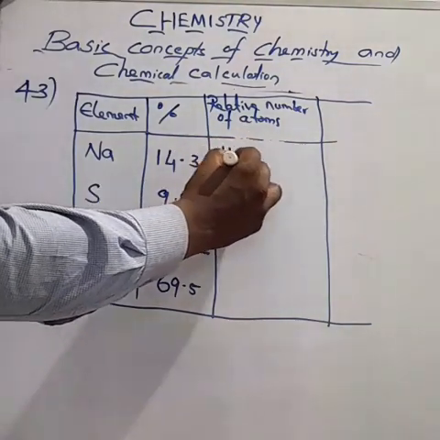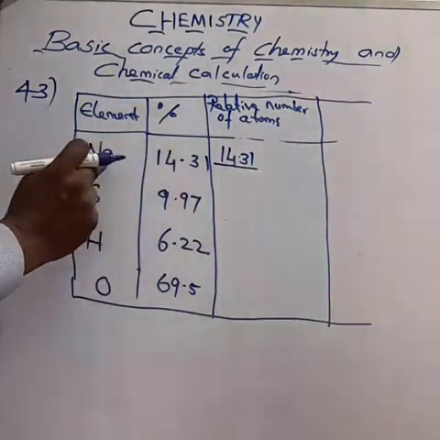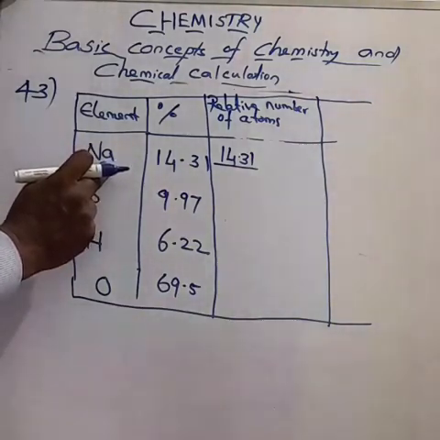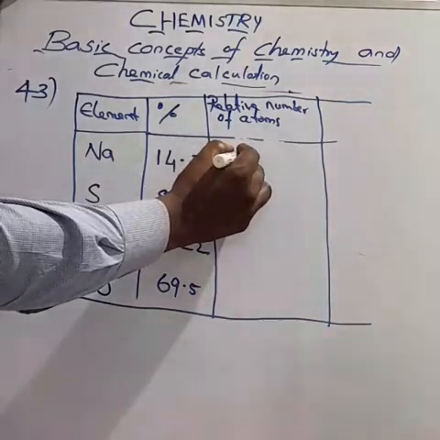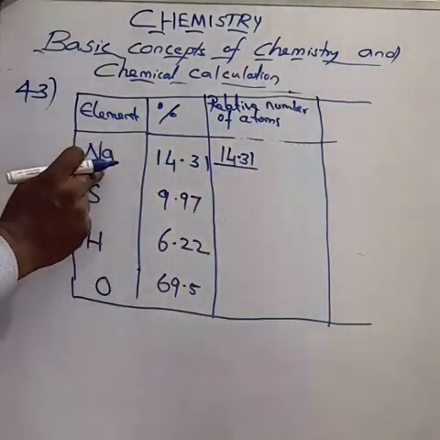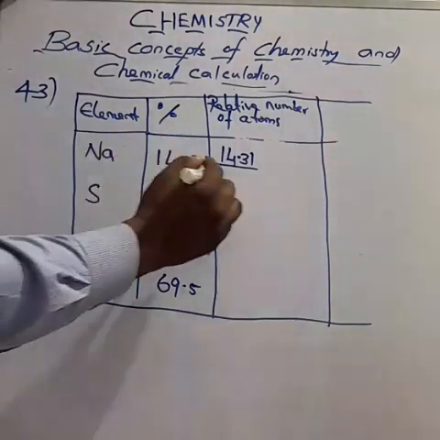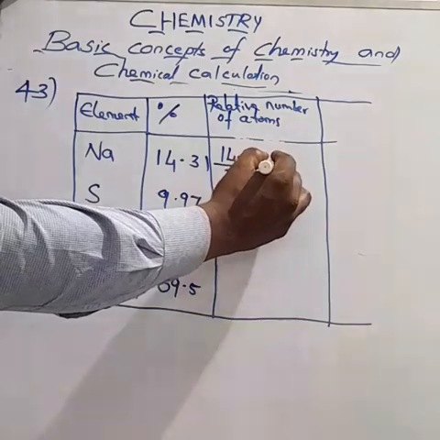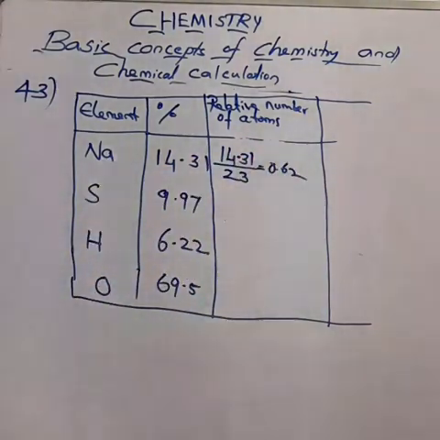Which percentage is given, that divided by that element's atomic mass. Here sodium percentage is given as 14.31 divided by atomic mass of sodium, which is 23. What is the atomic mass of sodium? 23. Just dividing, we get the approximate value 0.62.